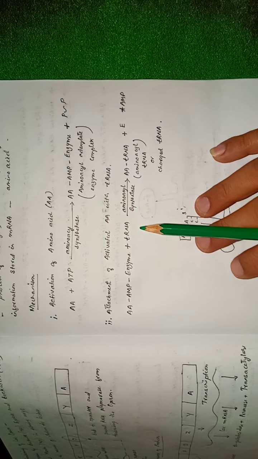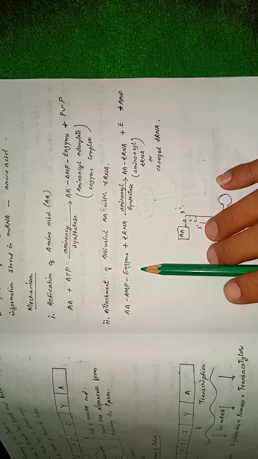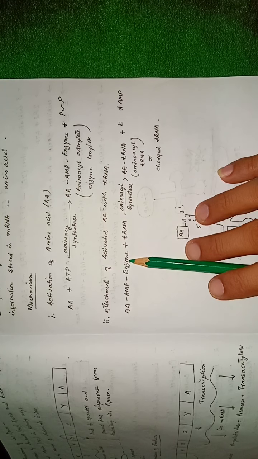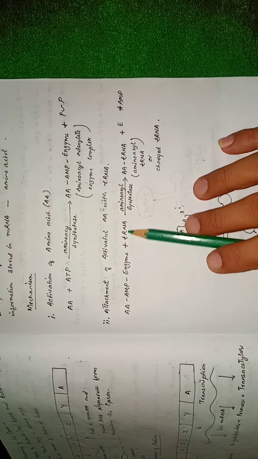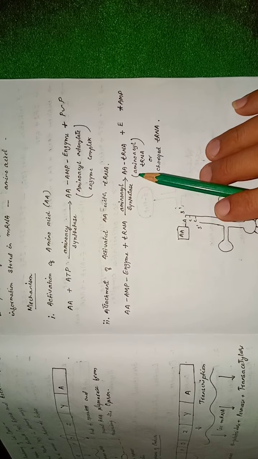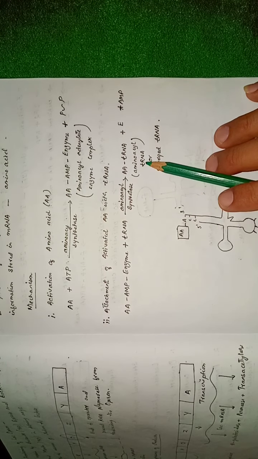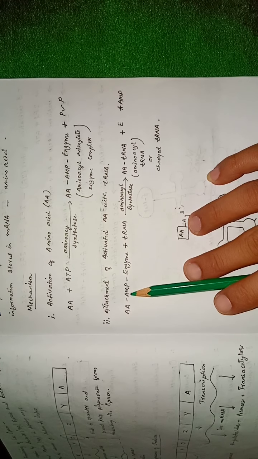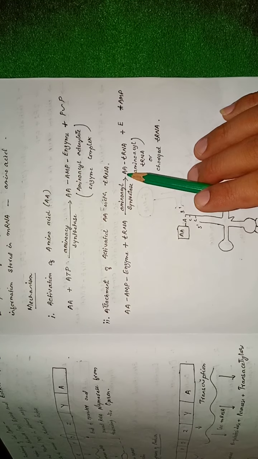So the activated amino acid, that is the amino acyl adenylate enzyme complex, is attached to the tRNA molecule to form the amino acyl tRNA, and the enzyme and the adenosine monophosphate are removed. The amino acyl tRNA is also called charged tRNA.